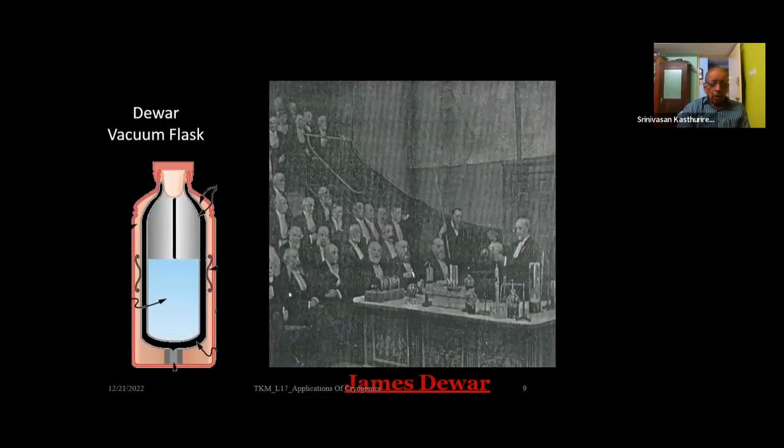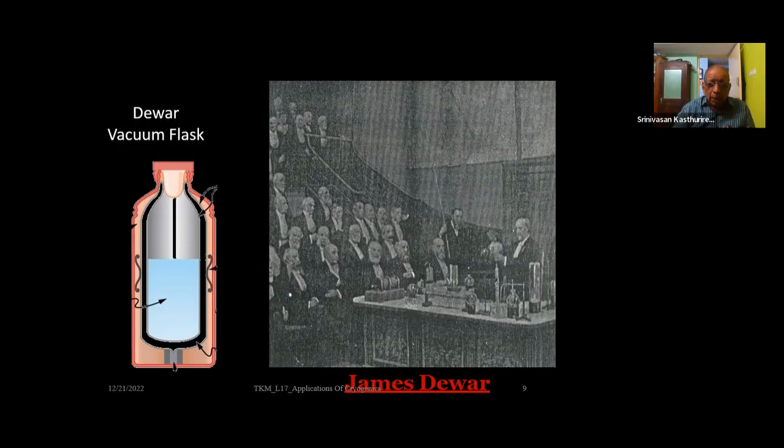Then comes an important invention by James Dewar. This slide you have seen a number of times. James Dewar is making a demonstration of his Dewar flask, nothing but a double-walled vessel. In this double-walled vessel, the interspace is evacuated, because of which it was able to hold the cryogenic fluid for long periods of time.